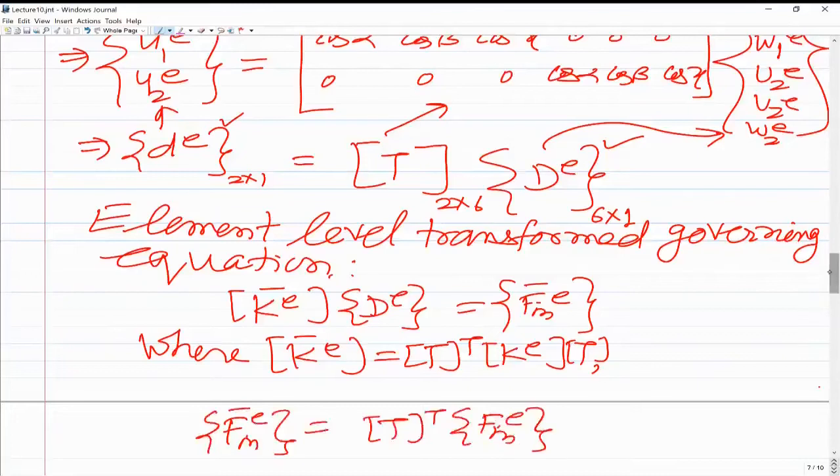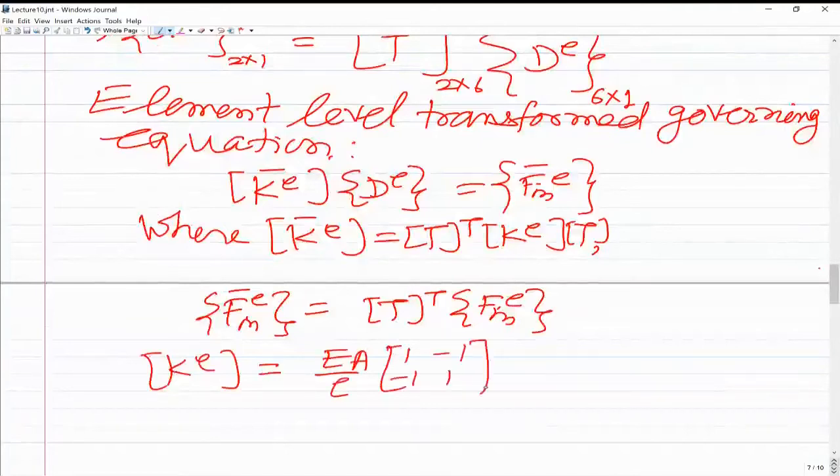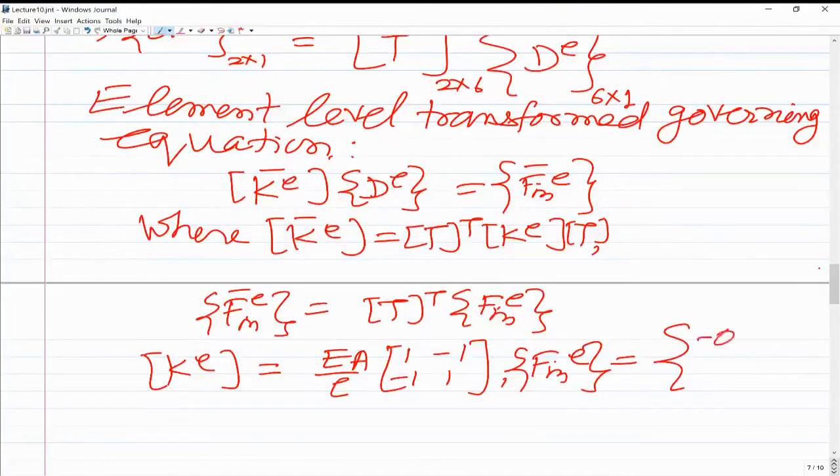Here Ke is the same stiffness matrix for a two noded truss element, which is EA by L, 1 minus 1, minus 1 and 1, and F internal is equal to minus Q1E and Q2E.